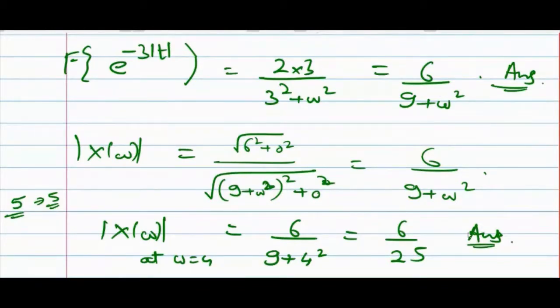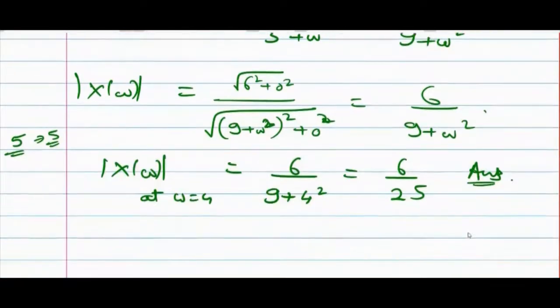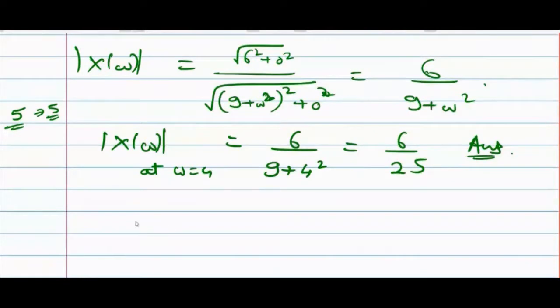Now angle, anyone? This is a real number, so what will the angle be? Very good, 0 degree. Angle will be 0 degree because the angle formula is angle X of omega equals tan inverse imaginary upon real.